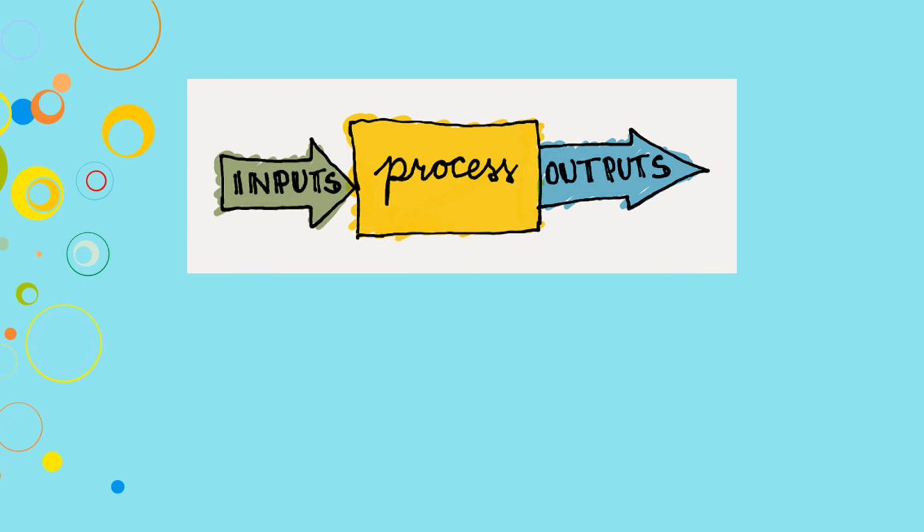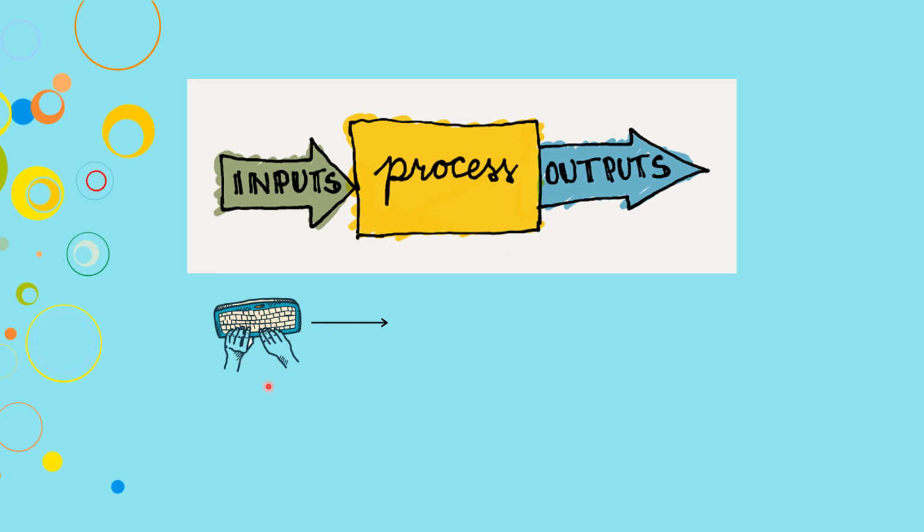Now you can see over here in this picture, first step is input, and whatever input we have given it will process, and then we can get output in the form of results. You can see here one input is going through the keyboard.